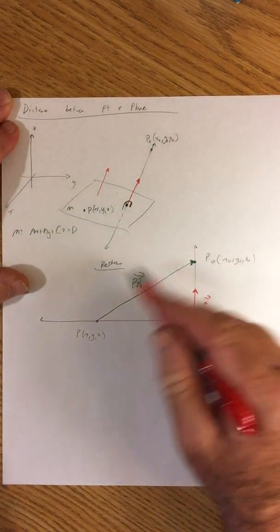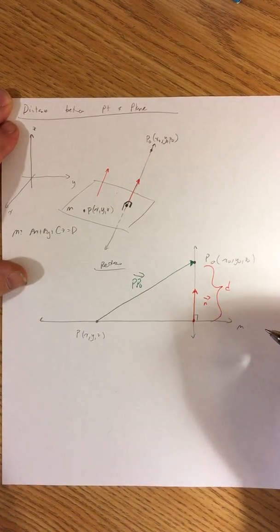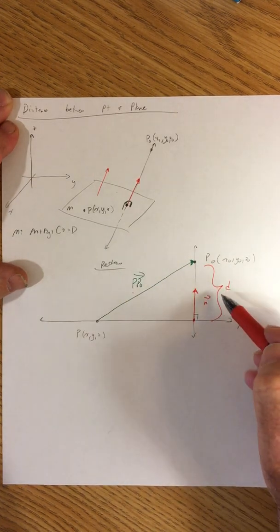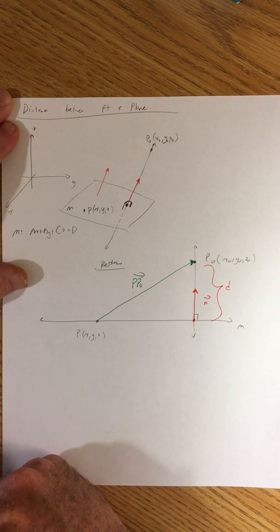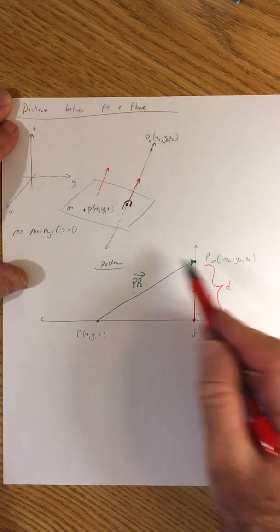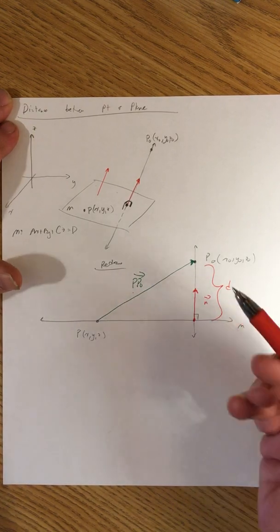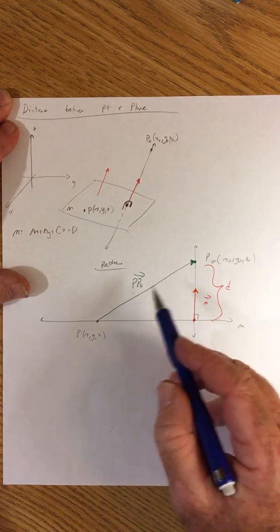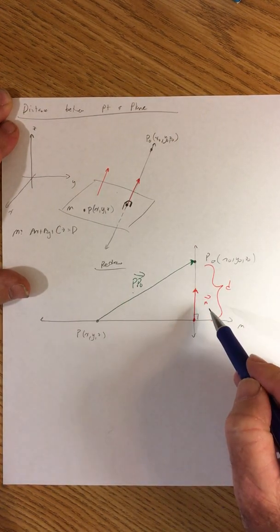Now, if you recall, this distance that we're looking for right here is the scalar projection of PP0 onto n. When we drew this before, we had them tail to tail, and you can redraw that. It's really not necessary, but take my word for it that this distance is the scalar projection of PP0 onto n.